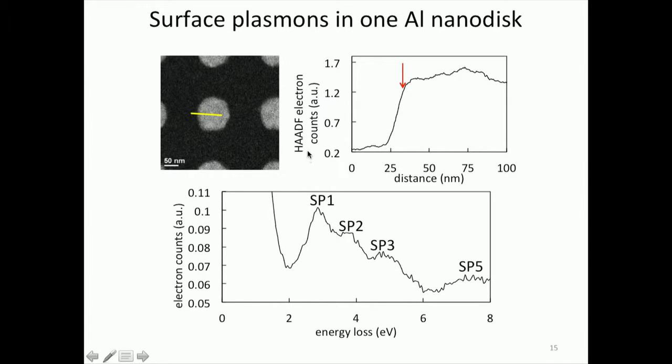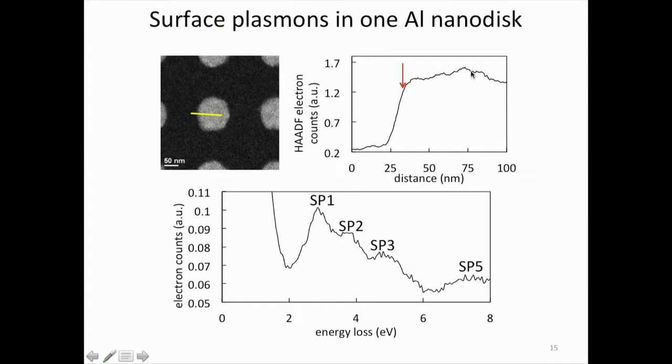For example, we can get images and spectra across this yellow line. Here I show you the image signal, the elastically scattered electron count as a function of distance. You can see there's a small count of electrons, which is the background, and then suddenly there's a sharp rise in the signal, and this is basically the edge of my particle.